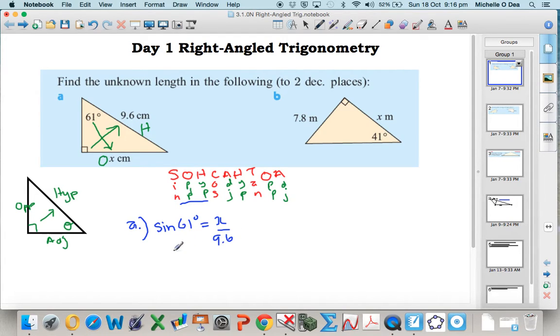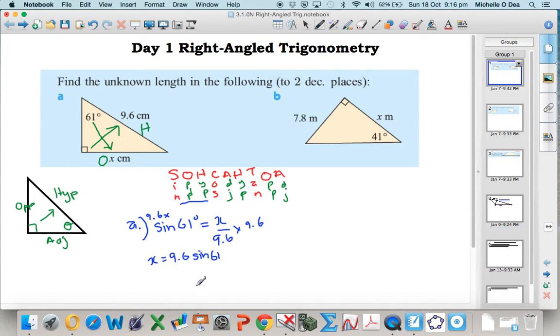Then we just have to do some basic calculator work and equation solving. So we want to get rid of this 9.6, so we multiply both sides by 9.6. I like to write it in front of the sine or the trig ratio, otherwise you get a bit confused with the 61. So we have x equals 9.6 sine 61.